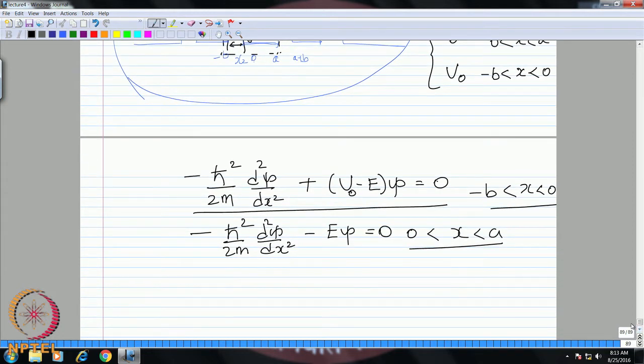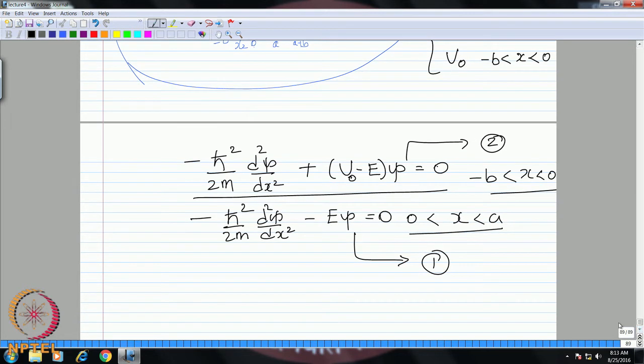Okay. Is it clear? So, therefore, let us say this is equation 1, the region 0 to a, and the region minus b to 0, let us say equation 2.